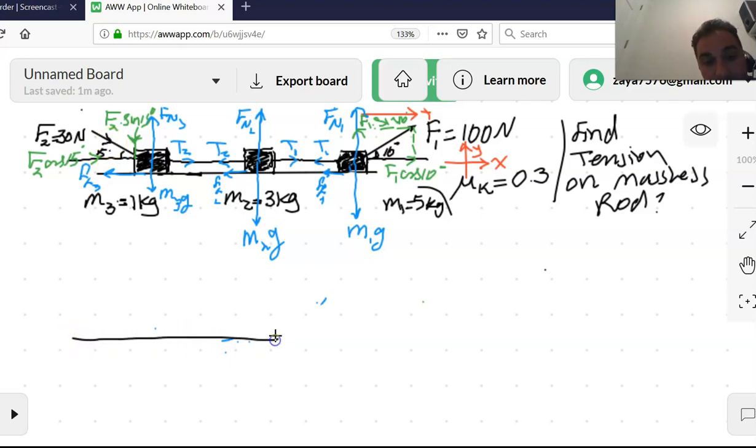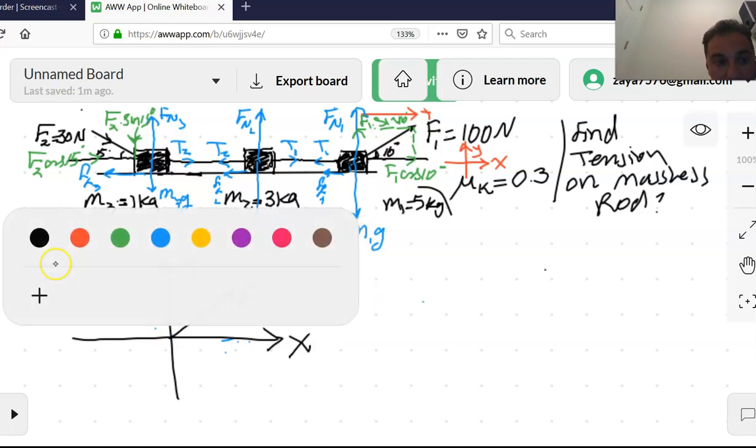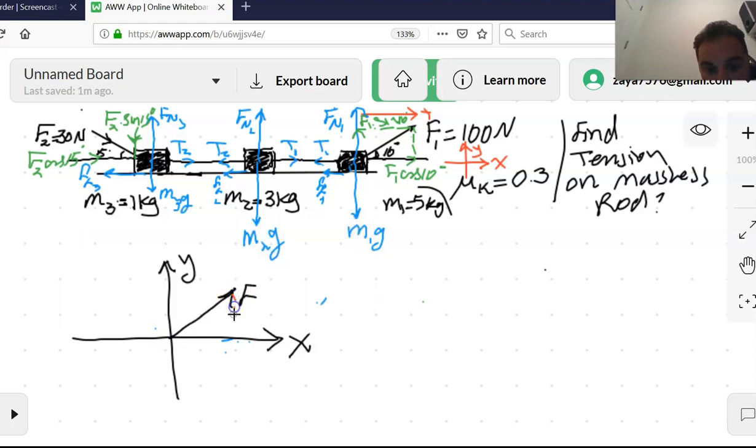Look, guys, imagine this is your x-axis and this is your y-axis. If this is F, here you have the components. Let's say this is the angle theta: F cosine theta, and F sine theta.